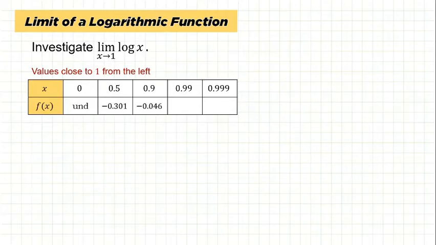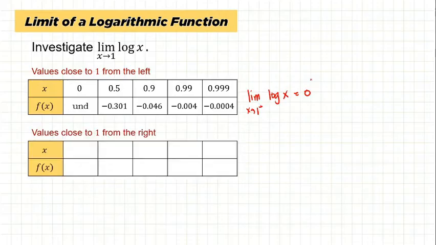Then we have negative 0.046, negative 0.004, and negative 0.0004. So as you can see here, as x approaches 1 from the left, the values of the function approach 0, right? So we can say that the limit of log of x as x approaches 1 from the left is equal to 0. Now, how about from the right?